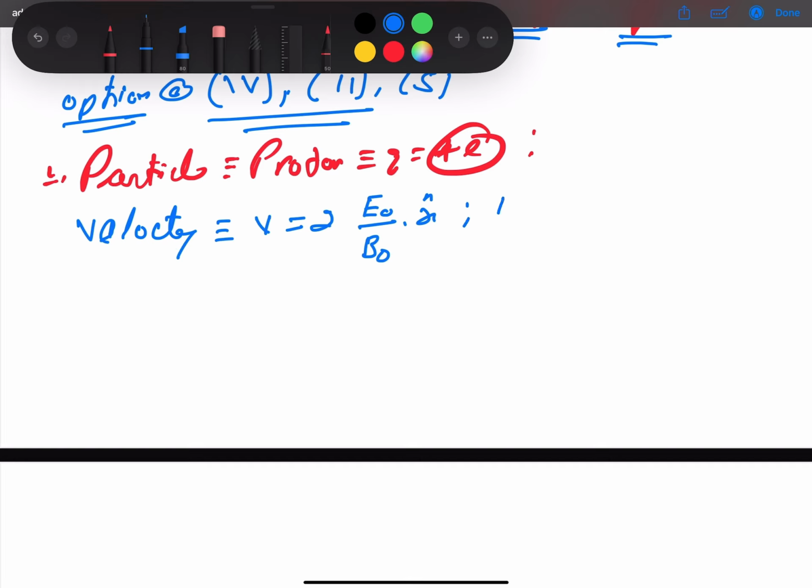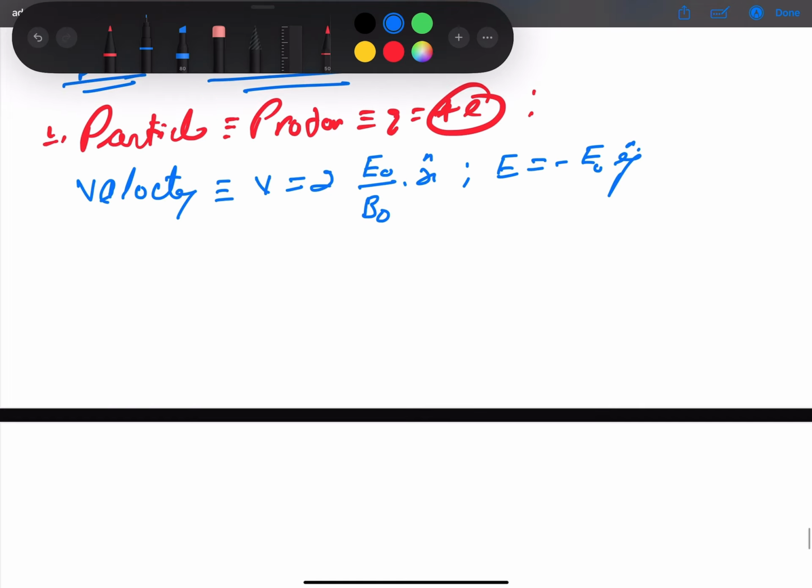Our electric field E is along the minus y direction, and we have magnetic field B along our positive Z direction.